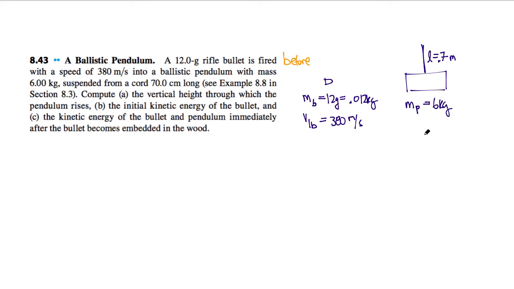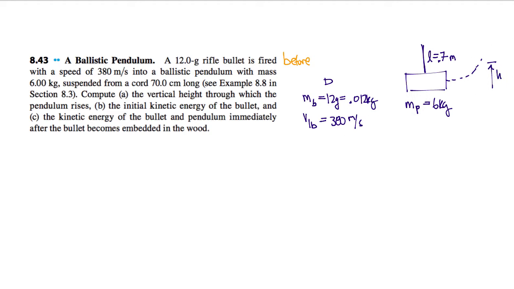Given these values for the bullet's initial speed and mass, how high will the ballistic pendulum rise? It will impart some motion to the pendulum and it will rise some height h.